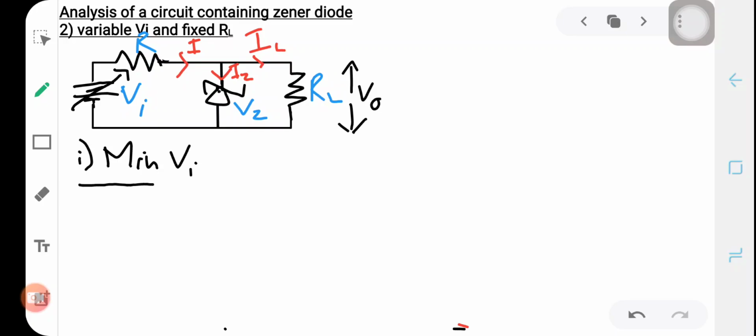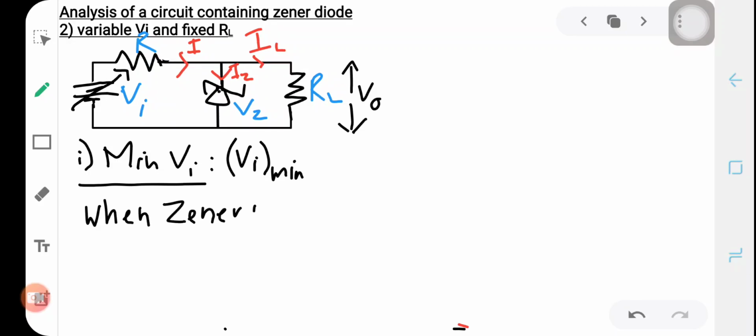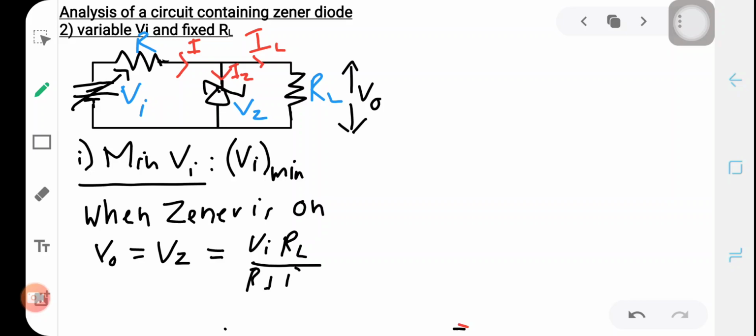To calculate the minimum voltage, denoted by Vi minimum: when the zener is on, the output voltage V0 is equal to the zener breakdown voltage Vz, and is given by V0 equal to Vi into RL divided by R plus RL.